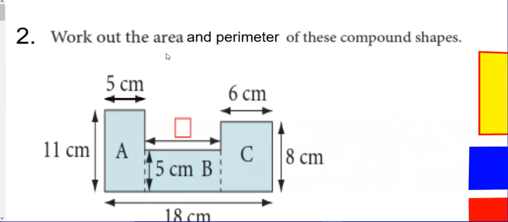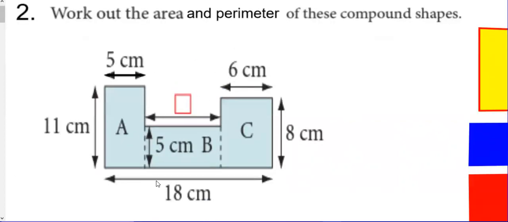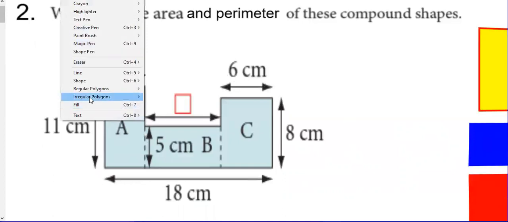So I will be doing two things. What is the area of this shape you see there? It's really compound. Do you remember what I said about a compound shape? A compound shape is any shape that contains more than one simple shape. So can you see this shape? Maybe let me try to shade it so that you can understand what I'm talking about.